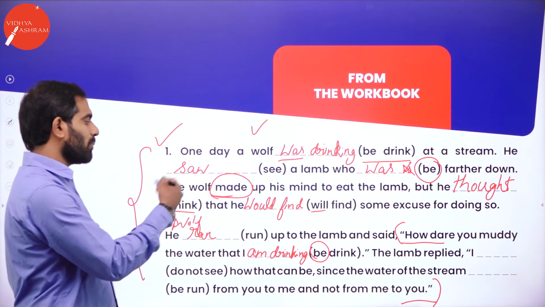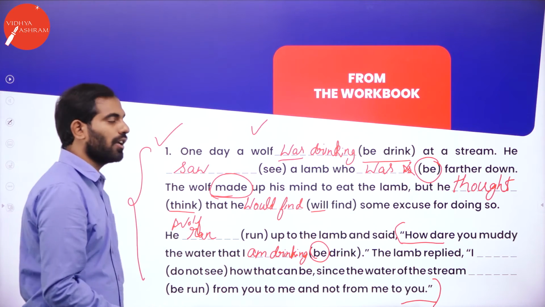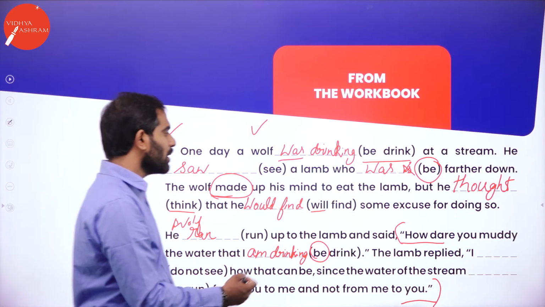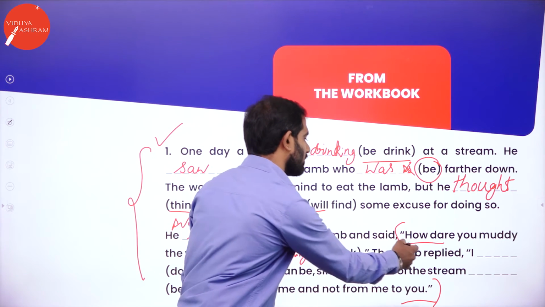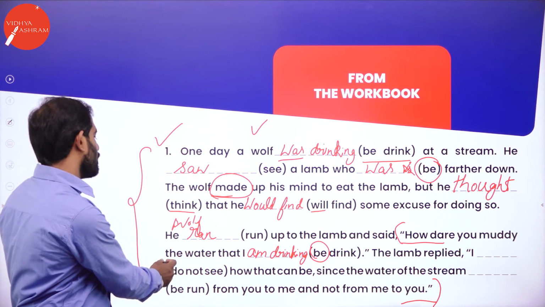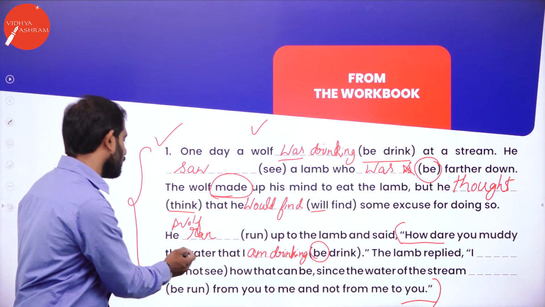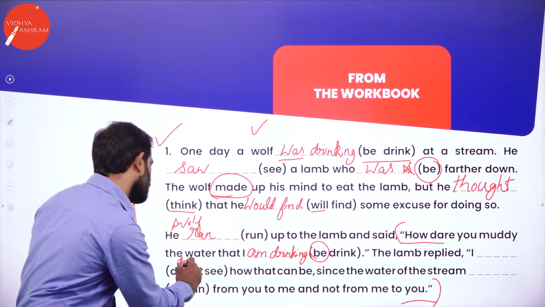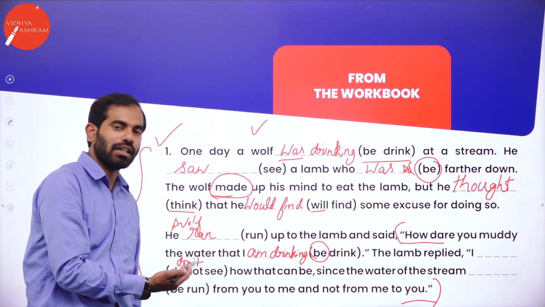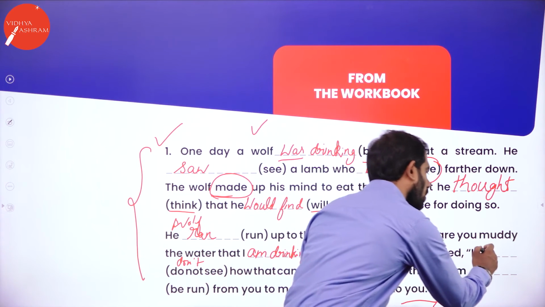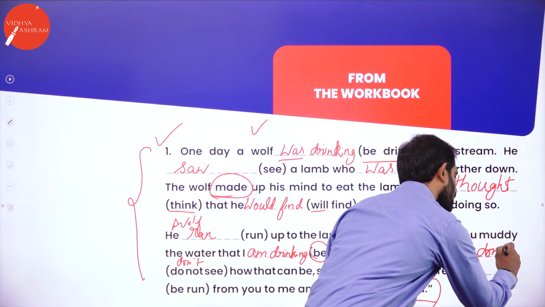The lamb replied. Now, these are the words from the lamb to the wolf. The lamb, "I do not see," or you can either write "I don't." Do not see is nothing but don't. I don't or do not is also fine.